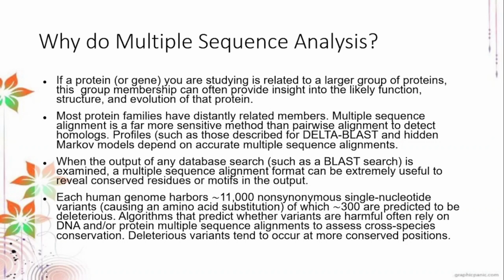Why do we do this sequence analysis, as I was saying before? If you have a protein or even a gene that you are studying that is related to a larger group of proteins, this group membership can often provide insight into the likely function. If you have a protein or gene that you have no idea what the function is, but you do know the sequence, you align it versus the database, and then you can have an idea, especially if it's a novel gene, a novel sequence, a novel protein, that is distinctly related to a larger group of proteins.